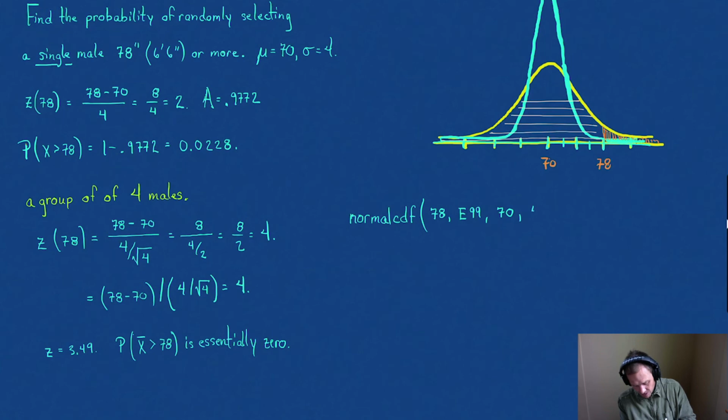The standard deviation is 4 divided by the square root of 4, and let's actually get a decimal number for that. I'm going to take you over to my calculator, and I'll show you how to do this. This is for a TI-83 or a TI-84 calculator.